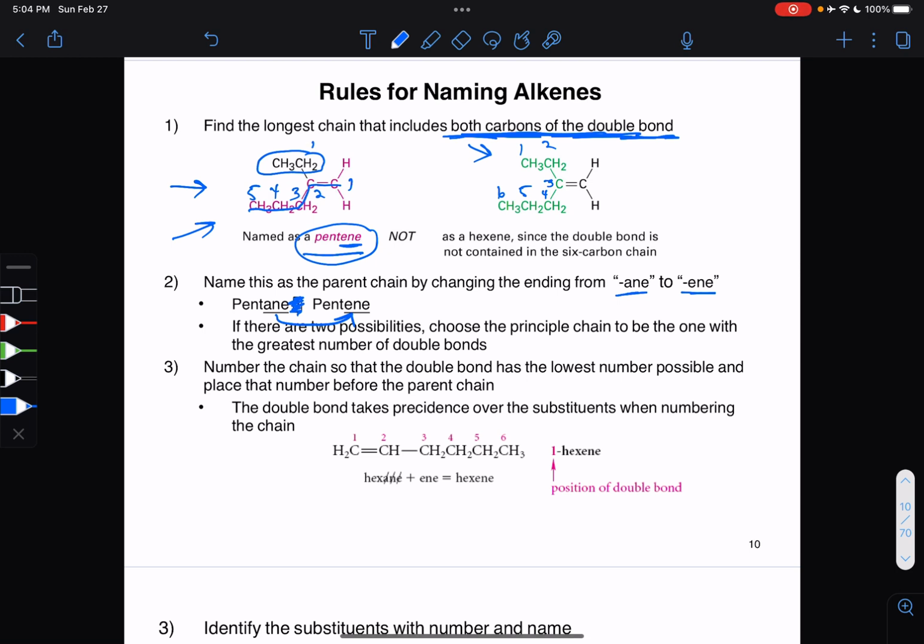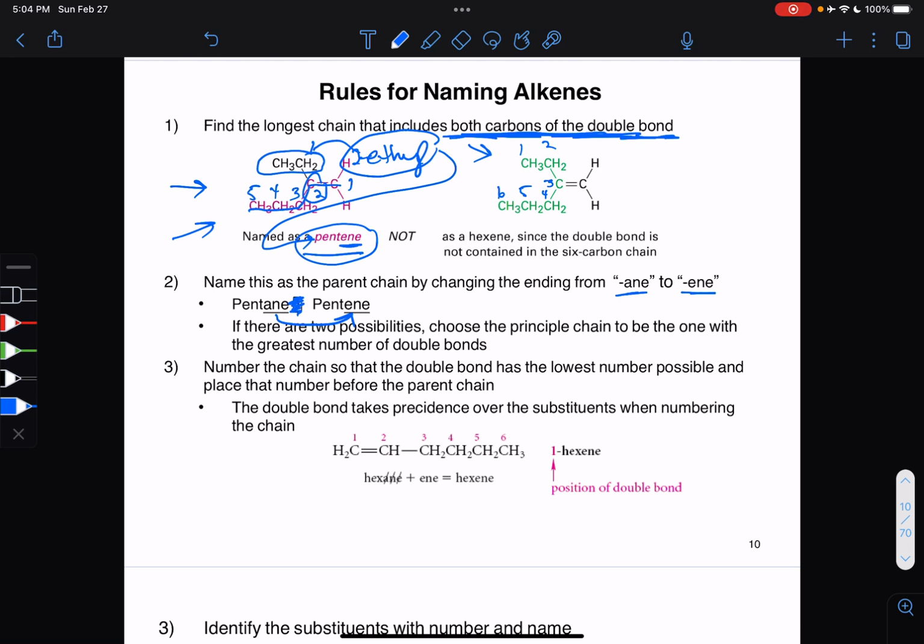That's going to be an ethyl. And it's off of carbon number 2, so of course we would stick a 2 in front of ethyl, and then we would stick 2-ethyl in front of pentene. So we would have a 2-ethyl pentene, but that's still not quite correct.